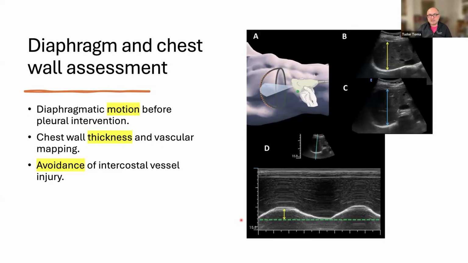Because if the diaphragm movement behaves in a normal way, going down with inspiration, going up with expiration, therefore the pleural effusion does not have a significant effect on the pumping element of the diaphragm, and therefore it is not immediately required to drain that effusion.